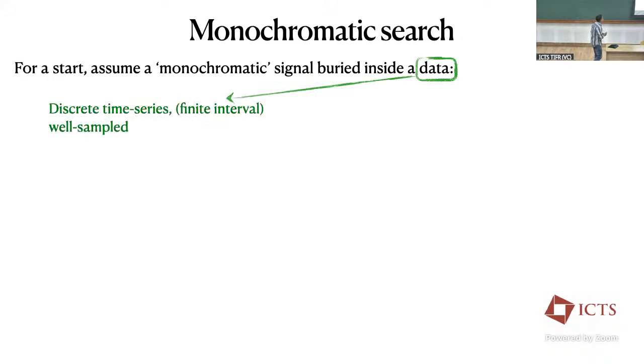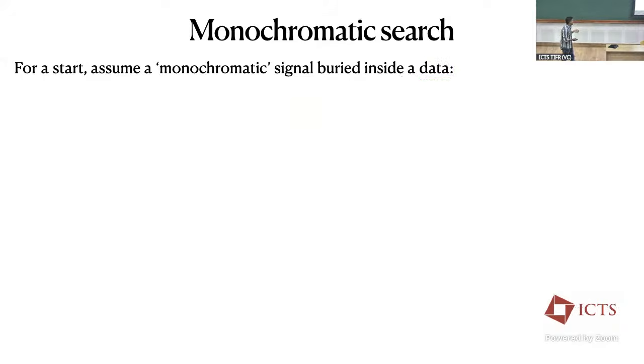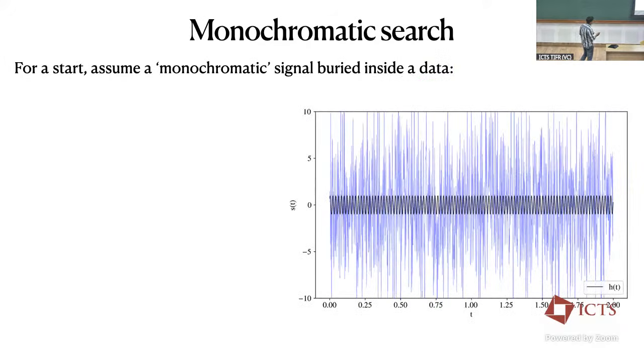For a start, let's assume that there is a monochromatic signal inside the data. And by the data, recall the discussion yesterday, it is of finite interval. Its sampling frequency is more than twice the maximum frequency that we expect to be present in our signal. So we want to find whether there is only a monochromatic signal present.